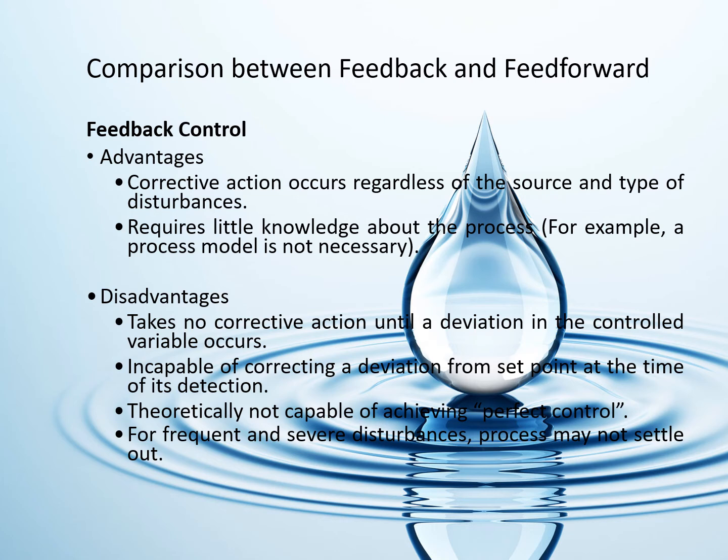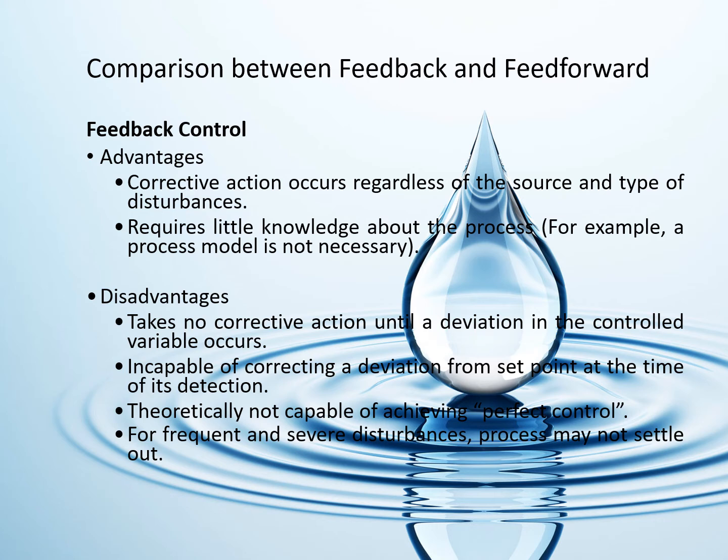The disadvantage of this feedback control is no corrective action until a deviation in a control variable occurs. So it will start to make a correction after the process variable deviates from the set point. That means if the output deviates, then the controller will take corrective action. The other disadvantage is that it is incapable of correcting a deviation from set point at the time of its detection.